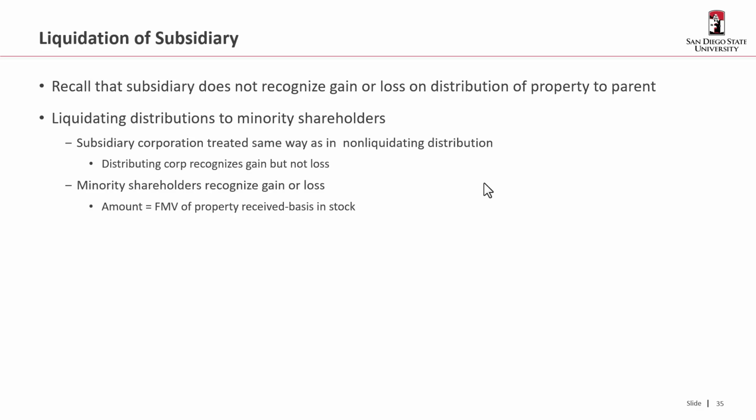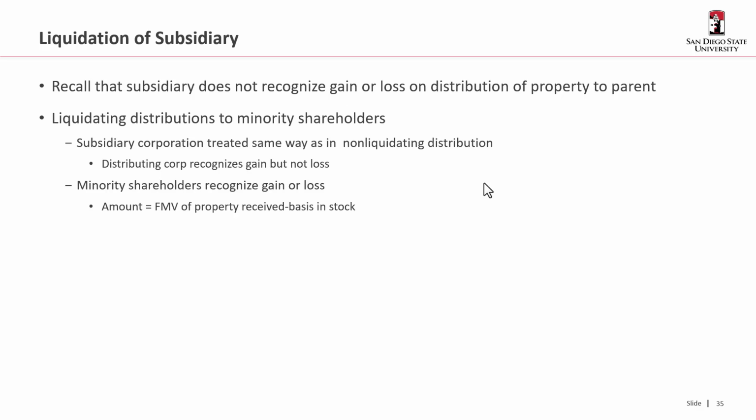So the distributing corp would recognize gain but not loss, right? So you're going to treat it as a non-liquidating distribution to the minority shareholder. And the minority shareholders are going to recognize gain or loss with the amount equal to the fair market value of the property received less the basis that they have in that stock.